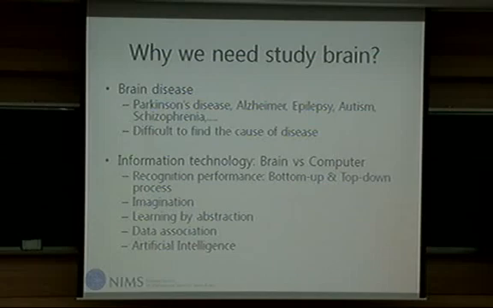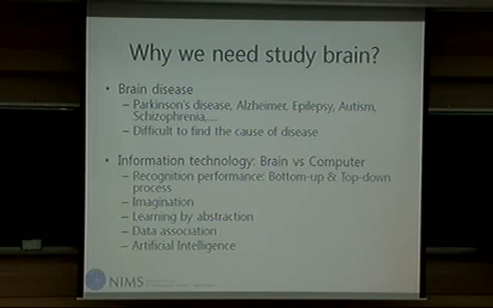Apart from brain disease, there are other people who are interested in studying the brain, namely people from information technologies, mainly those who are studying computers. Usually we can compare the brain and the computer to get some ideas for information technologies.